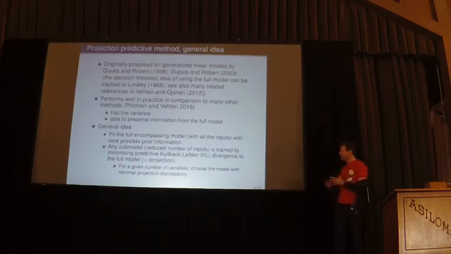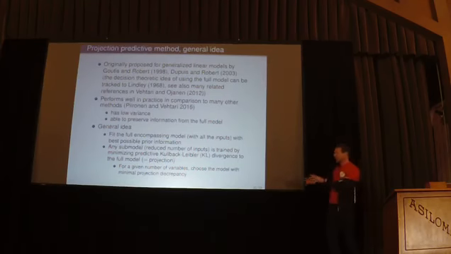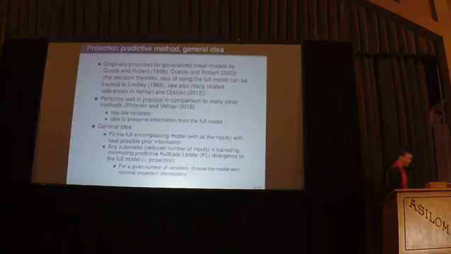So we take the full posterior, and then how can we project it to a restricted subspace where some of the coefficients are zero, so that our predictive distribution stays as similar as possible? And then for a given number of variables, we choose the model which has the minimal projection discrepancy.